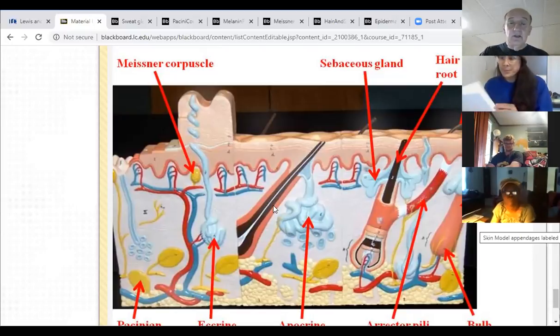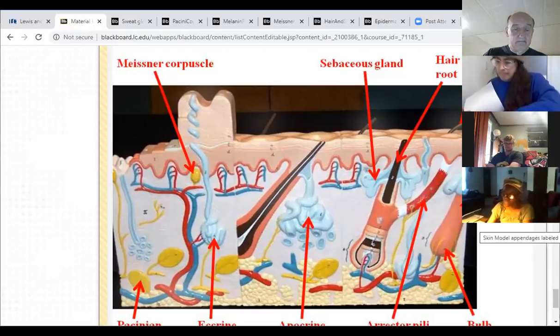As the hair is constantly growing through this cylinder-shaped hair follicle, the portion of the hair that's still inside the skin is called the hair root. This is pictured here as well. Once the hair is protruding out of our skin, this is called a hair shaft.